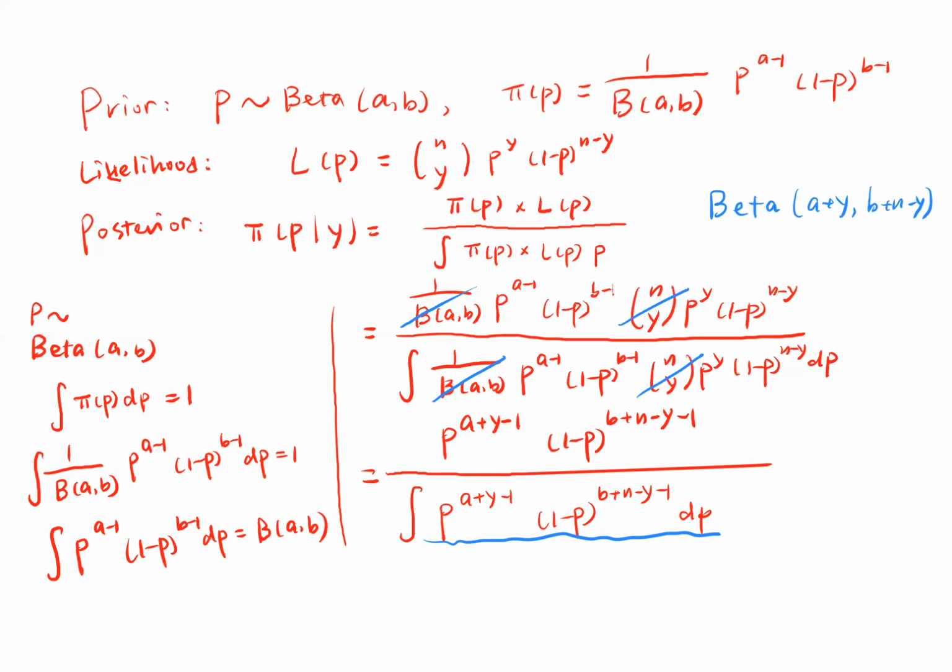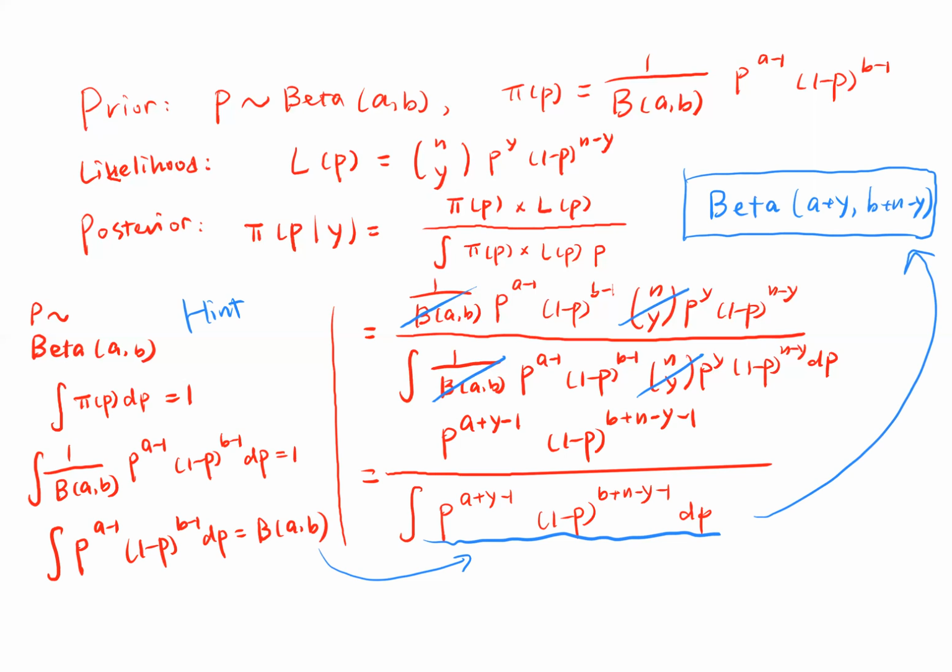Yeah, so this is the goal. And this is my hint. Let's spend a couple of minutes so you can work out the detail of simplifying this in order to come to this point. Take your time.